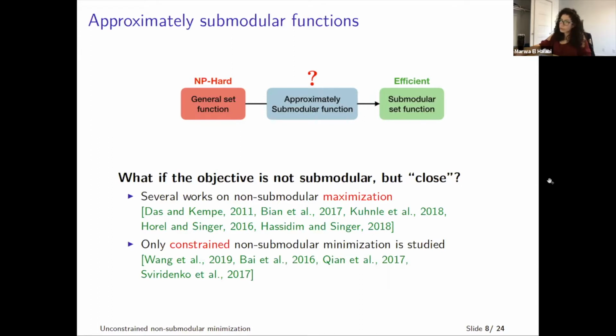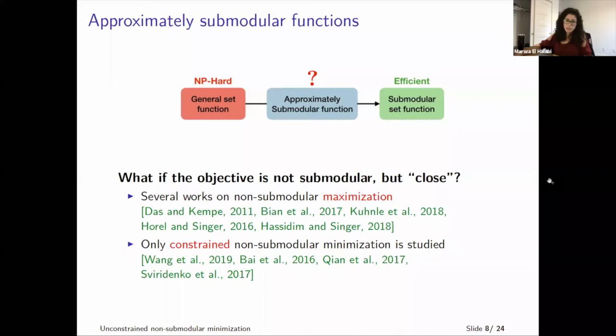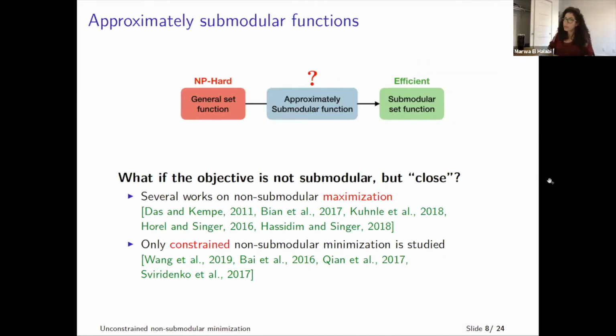As for prior work, we are the first to look at the minimization of non-submodular functions, but there's been some recent interest in solving optimization problems which involve maximizing non-submodular functions. The problem is that typically the techniques used for set function maximization are different from set function minimization. In particular, they rely more on greedy sorts of algorithms.